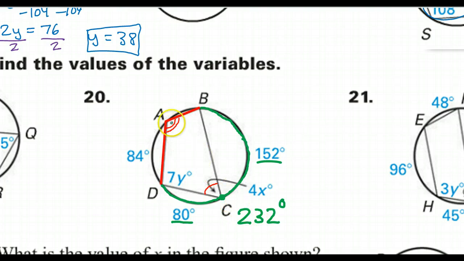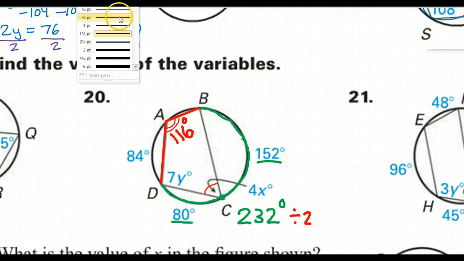So this red angle, an inscribed angle, should be half of the arc, as we've seen. So if I take half of it, that's going to give me 116 degrees. That came from doing this divided by 2. And now, finally, I can find the angle x over here. I can do that just like we did before.